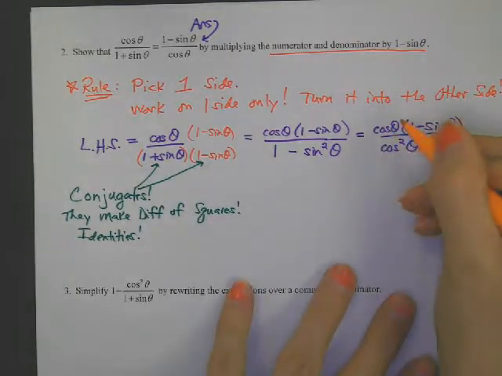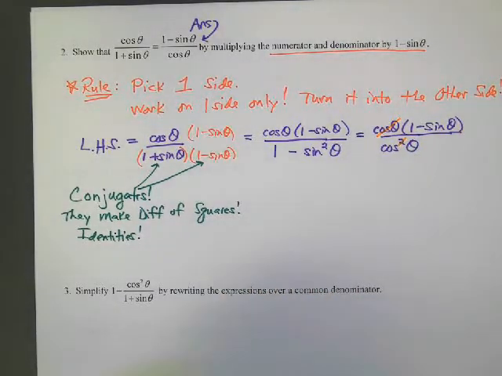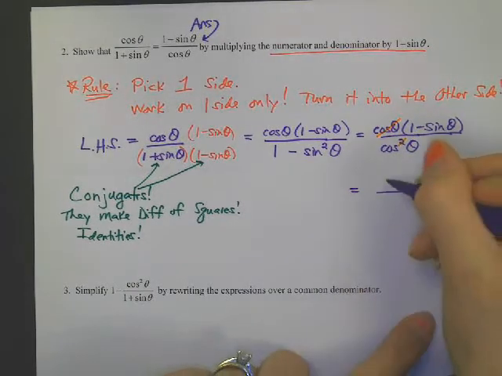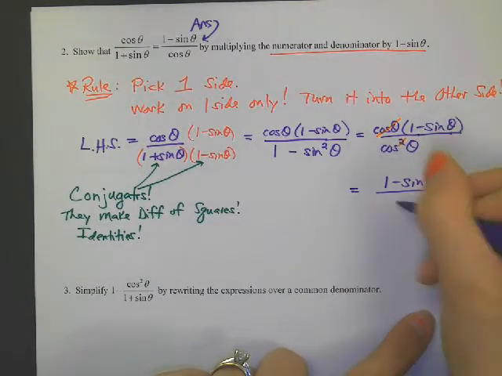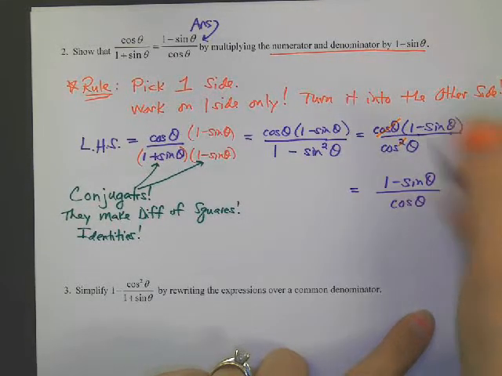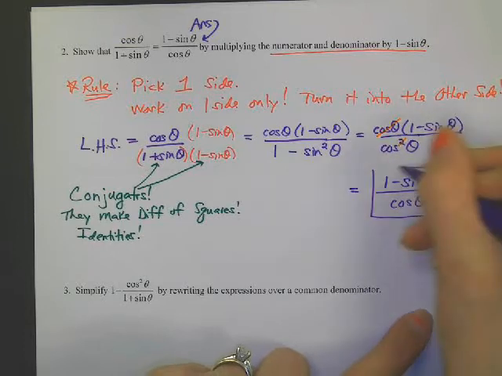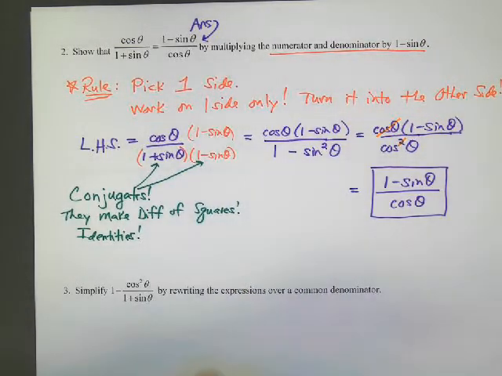Well, we cancel a cosine from the top and a cosine from the bottom. Cosine squared means cosine times cosine, which means we are at the very end here. The numerator has 1 minus sine of theta, and the bottom has cosine of theta. And that's exactly what we wanted to make. We turned the left-hand side into the right-hand side.